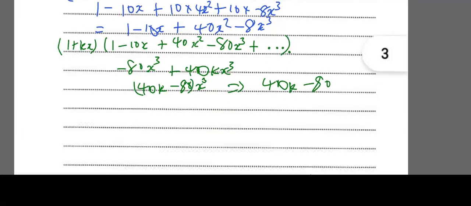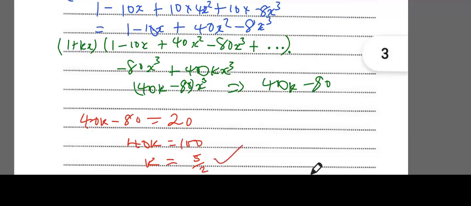So we are going to have 40k minus 80 is equal to 20. We can take that 80 to the other side. It becomes 40k is equal to 20 plus 80, which is 100. So k is going to be what? 100 divided by 40, 5/2. Required solution.